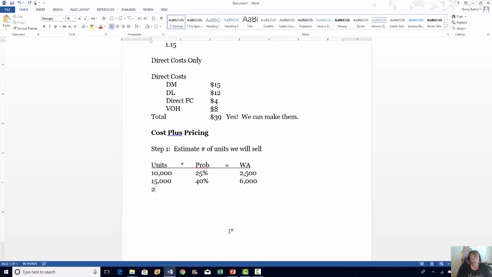And 25,000 at 35% gives us a weighted average of 8,750. And now we want to add these up to get the units that we think that we will sell. And that is 17,250. We'll bold that because we will need to take that number going forward.